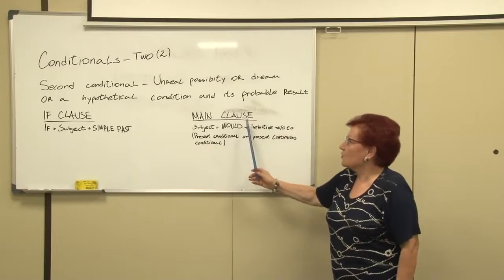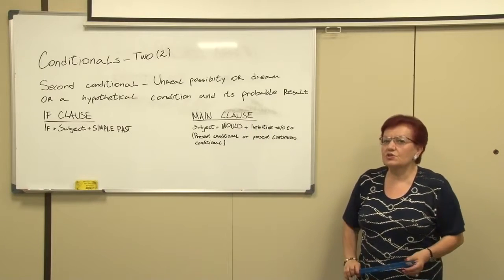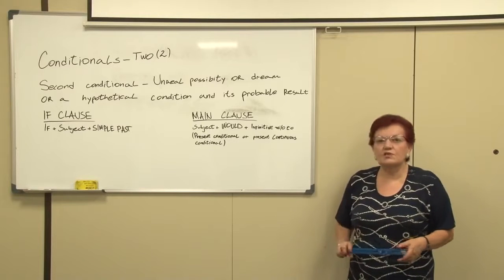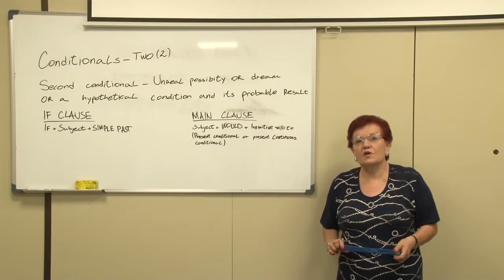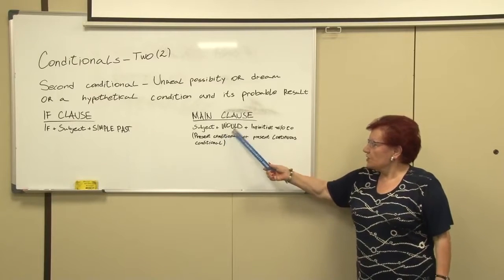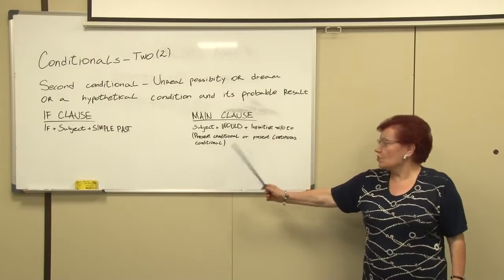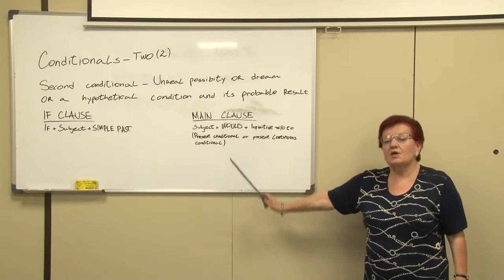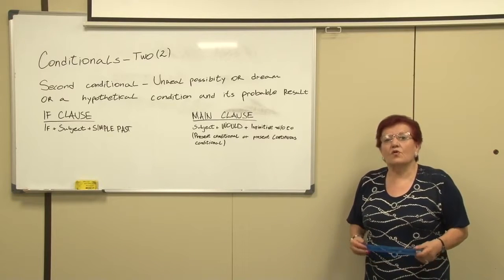And the other part, the main clause, is constructed by subject plus would plus infinitive without to, or present conditional or present continuous conditional, depending on the length of the action.